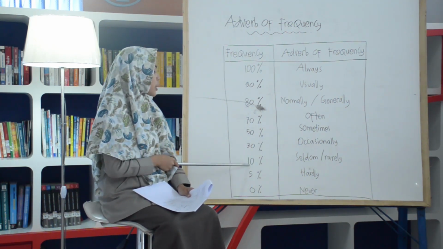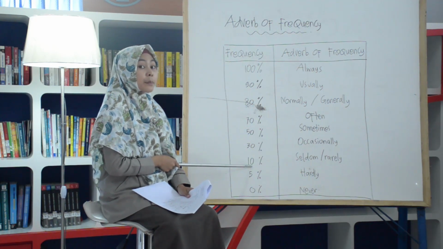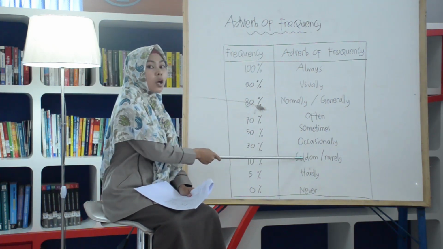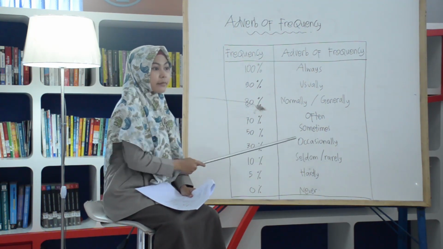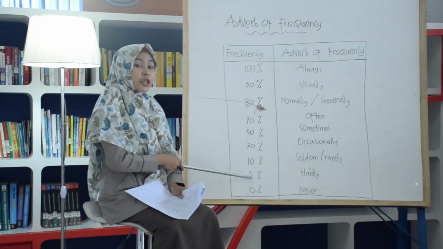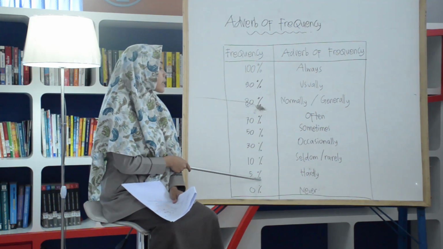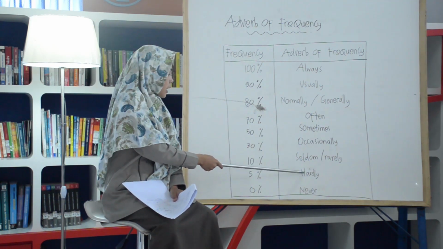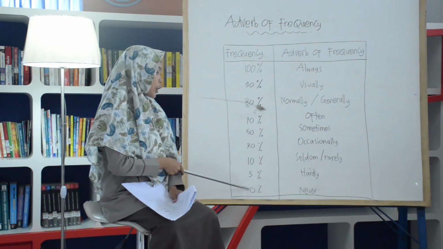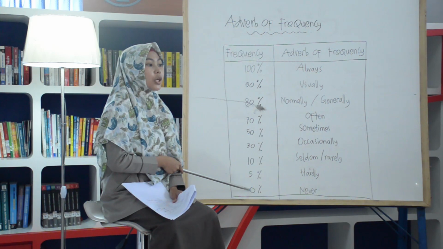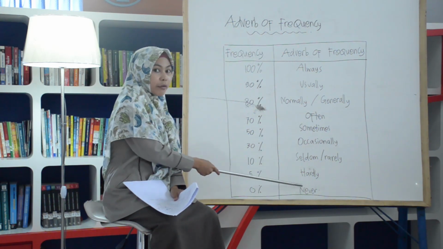If you do an action 10%, you can say seldom or rarely. If you do an action 5%, you can say hardly. And last, if you do nothing, you have to say never.